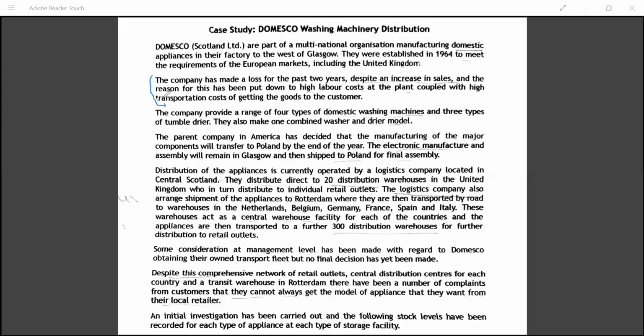This case study is a perfect case for you to argue for forward integration, because here the company is relying on an inefficient, slow, and less proactive distribution company, which is distributing its appliances all across the UK, as well as all across the European Union, namely the 6 countries.